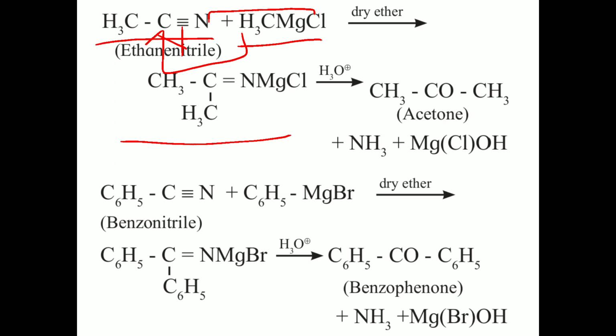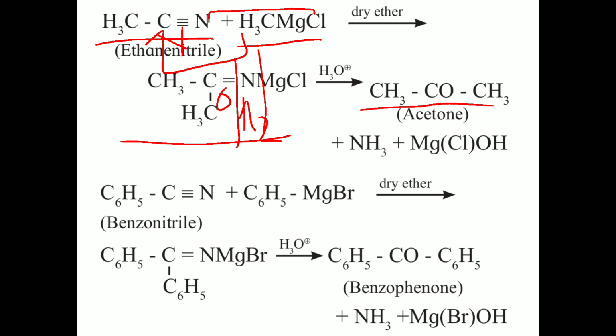Then there is an acid hydrolysis reaction, and for this acid hydrolysis reaction, this bond has to be broken. First it undergoes the hydrolysis reaction, meaning here O, here H2, that means we get CH3C double bond O CH3, that is acetone.